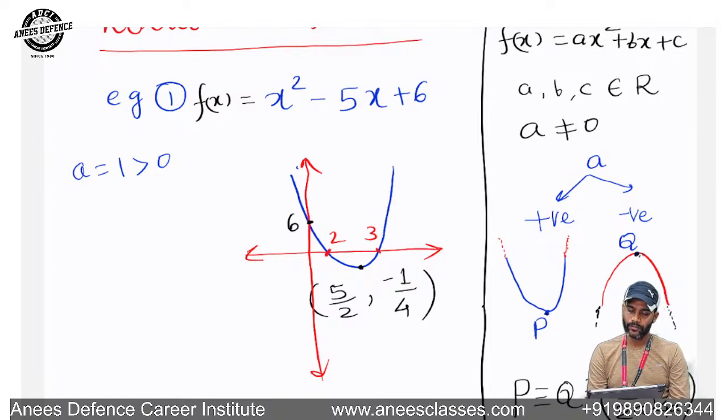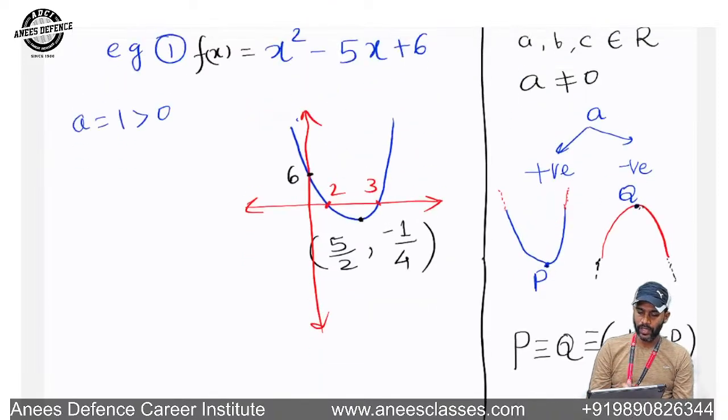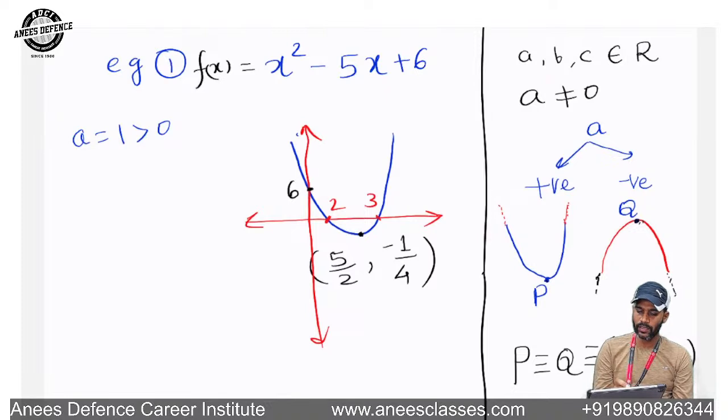Okay, so this is the graph. Would you try to draw the other graph similarly? So the next example is another famous equation. You already know which equation: x square minus 3x plus 2.